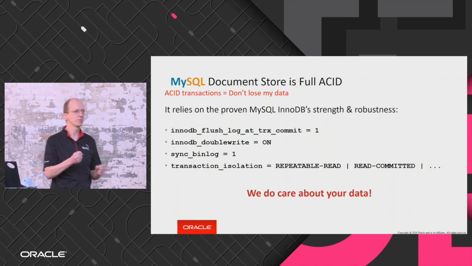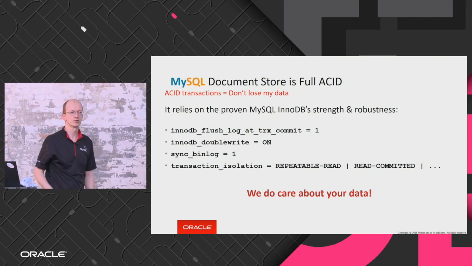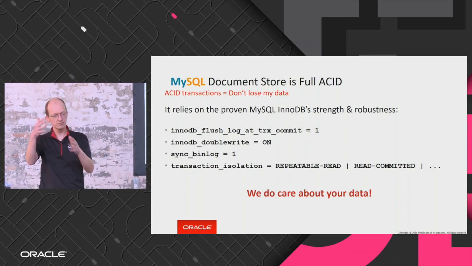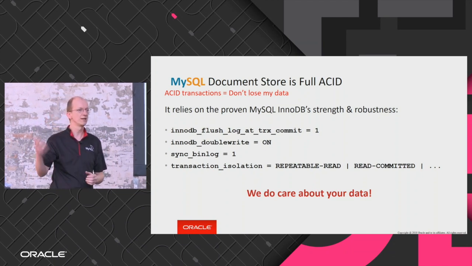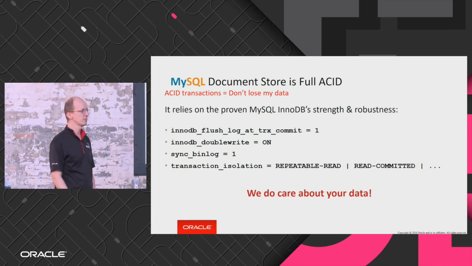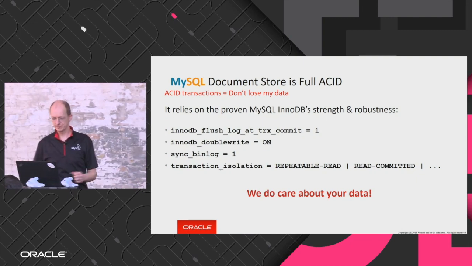Even if someone pulls the plug, your data is safe. We offer full transactions. So that was there from day one. Start transaction, then modify several documents and do a rollback or commit. It's all or nothing. It's a full ACID compliant transaction. Because we run on InnoDB, right?